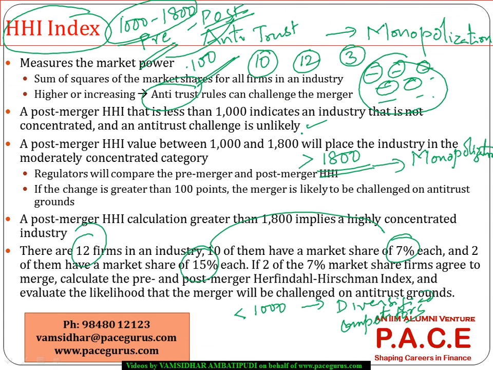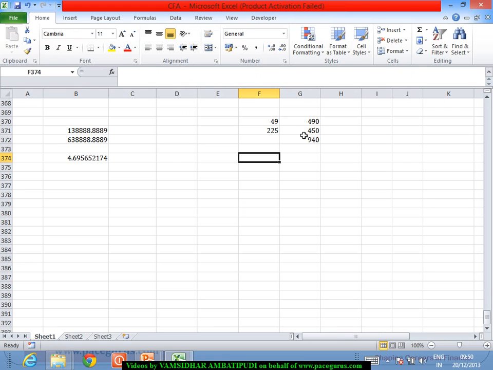Now let's see if 2 of the 7% market share firms agree to merge. Two of the 7% firms means there is a 14% share. So what is happening? 8 firms will still have a market share of 7% only, so 392.